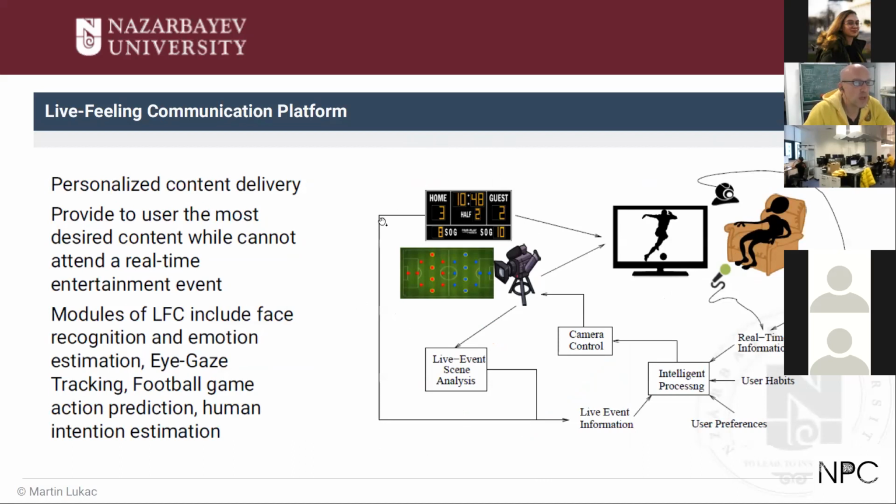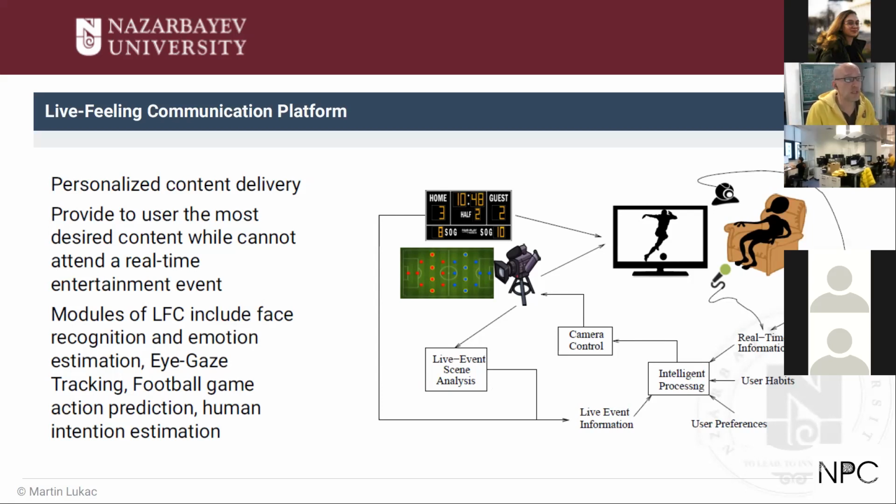On the other hand, we have the game of football with all the information available from the streaming service, and an intelligent processing that adjusts what you are shown. For example, if you like Messi and the ball is on the other side of the field, maybe you are not interested in watching the other side of the field, but you want to see where Messi is being placed.